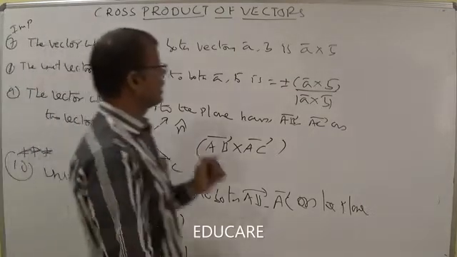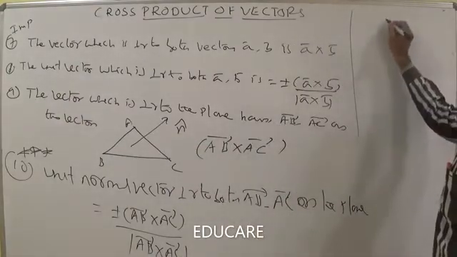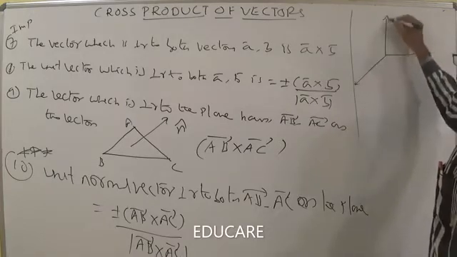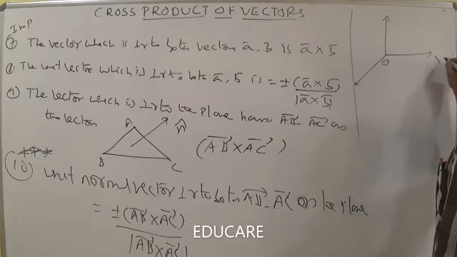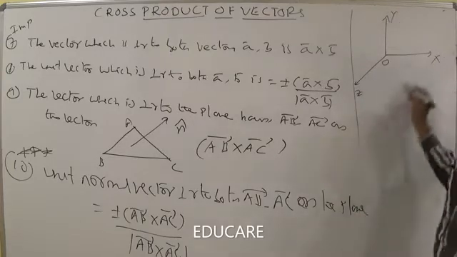So why are you getting A cross B, sir? Let us define it using i, j, k. This is O, the origin. This is the x-axis, this is the y-axis, this is the z-axis.